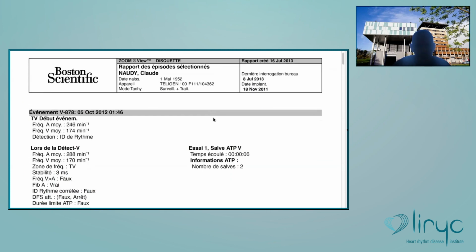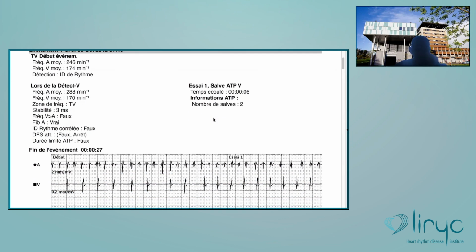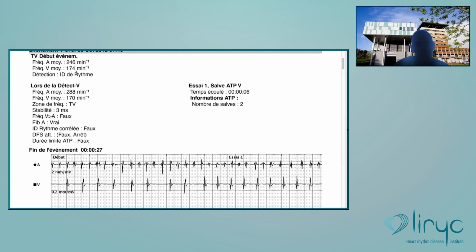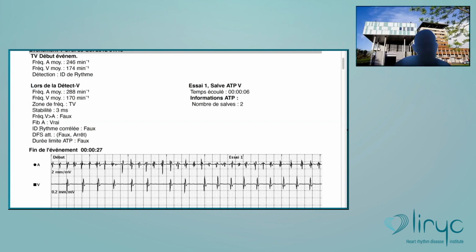So now, what do you think here? So it's French. So yes, an episode of VT, but at first we have more A's than V's. Sorry, it's French, but it's rhythm ID here. Then you see that V faster than A is wrong. The correlation is also wrong.